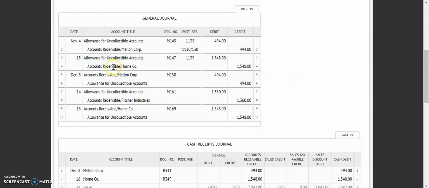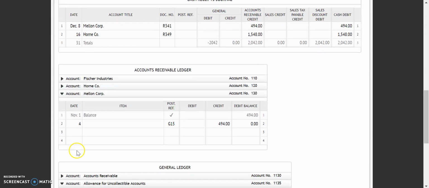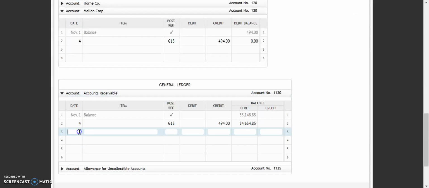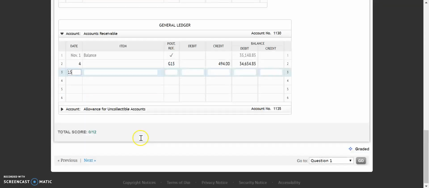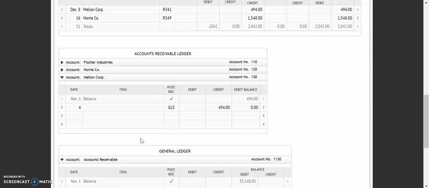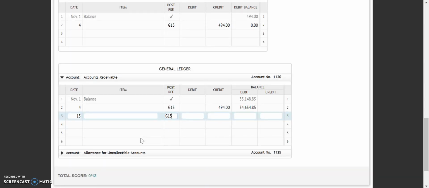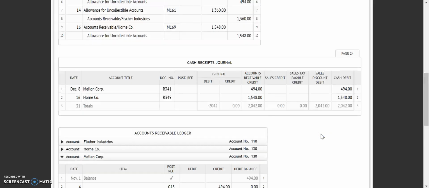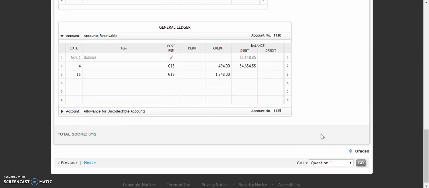And then we need to do the same for accounts receivable and Horn Company. So we open up accounts receivable. And we subtract that out. 34,654.85 and subtract 1,548, and our updated balance in accounts receivable is $33,106.85.